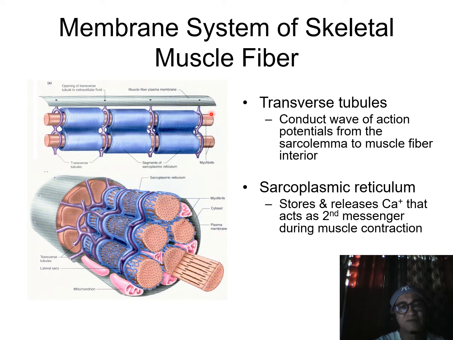These are the transverse tubules that are tubular infoldings of the plasma membrane of the muscle cell that run into the interior of the muscle cell, running around each of the myofibrils at regular intervals and segments of the myofibrils.